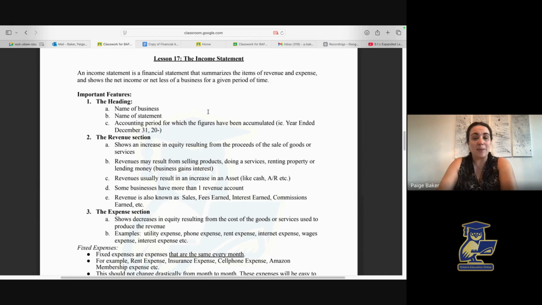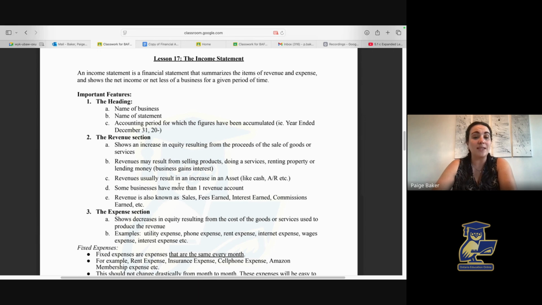With the income statement, the first piece of information that we have is the revenue section. This revenue section shows an increase in owner's equity. This is an increase because it results from the proceeds of the sale of a good or a service. So they may result from selling products, doing services, renting property, or even lending money if you are gaining interest.